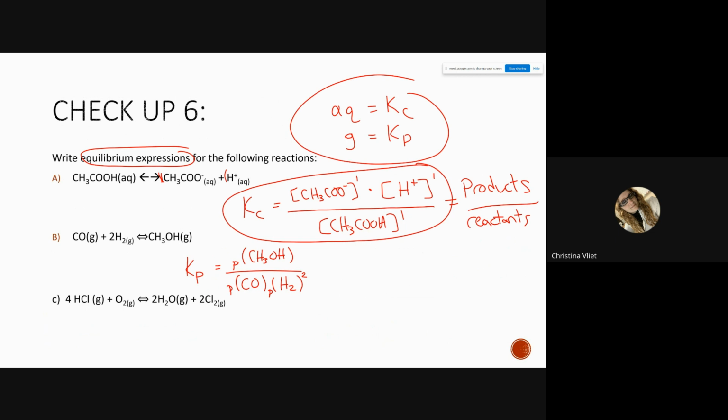Last one. What do you do now for C? Kp or Kc? Kp. These two come first, so P of H2O, what exponent? What's the exponent for this water, H2O gas? 2. And then the other one is Cl2, and the exponent for that is 2.